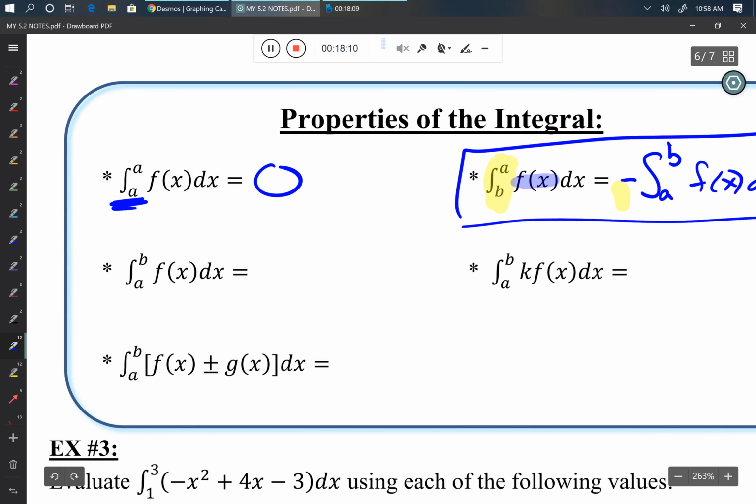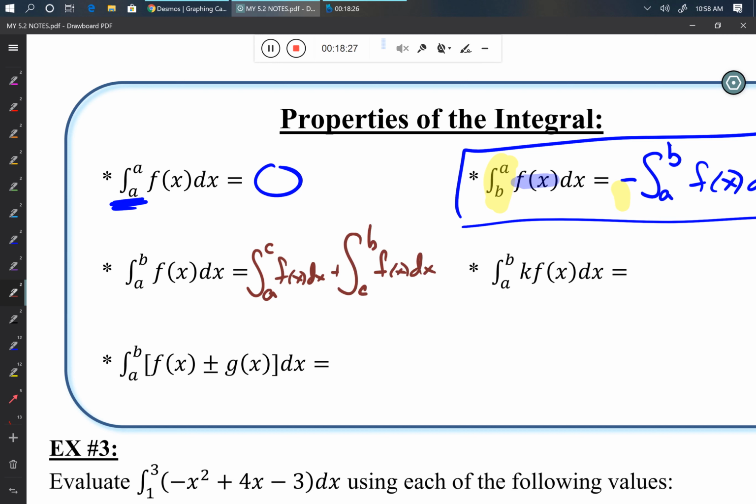The integral from a to b of f of x dx is equal to the integral from a to c plus the integral from c to b. So what is this one saying?